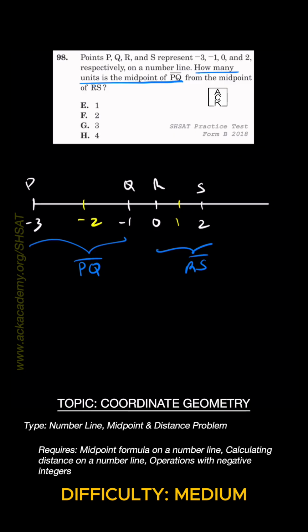And so the question is actually asking, we can reword it to look something like: how many units is -2, because the midpoint of PQ is -2, from the midpoint of RS?